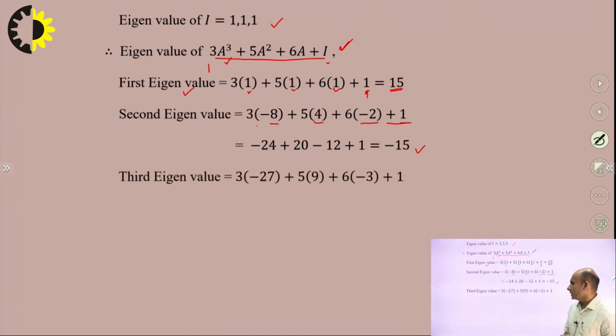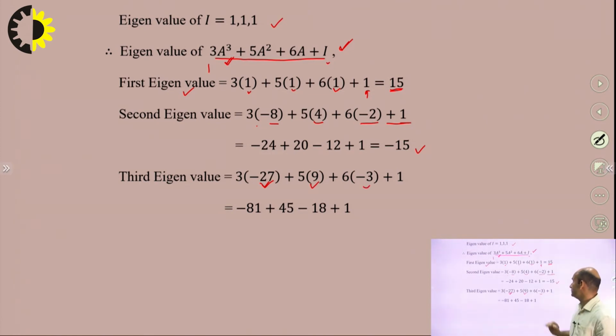Now, come to the third eigenvalue. So, we have to put here minus 3 in place of A, because we are finding the third eigenvalue corresponding to lambda equals to minus 3. So, we have 3 times minus 3 cube, which is minus 27, 5 times minus 3 square, which is 9, and 6 times minus 3.